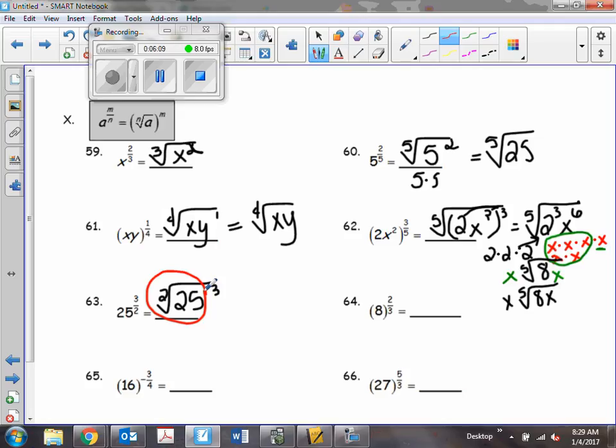But if we do the square root of 25 first, it'll give you a smaller number to begin with, and smaller numbers tend to be easier for us to deal with. The square root of 25 is 5, because 5 times 5 is 25. Then I would do 5 to the third power. Well, 5 to the third power would be 5 times 5 times 5, which is 125.